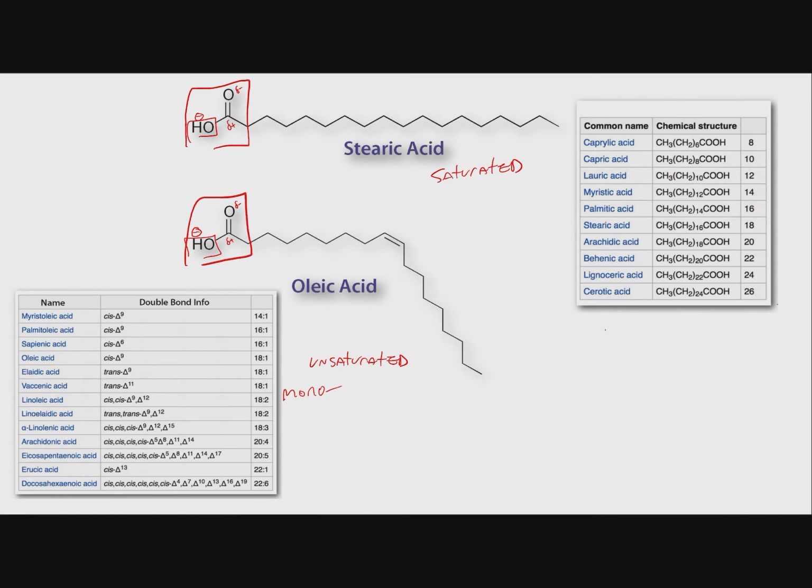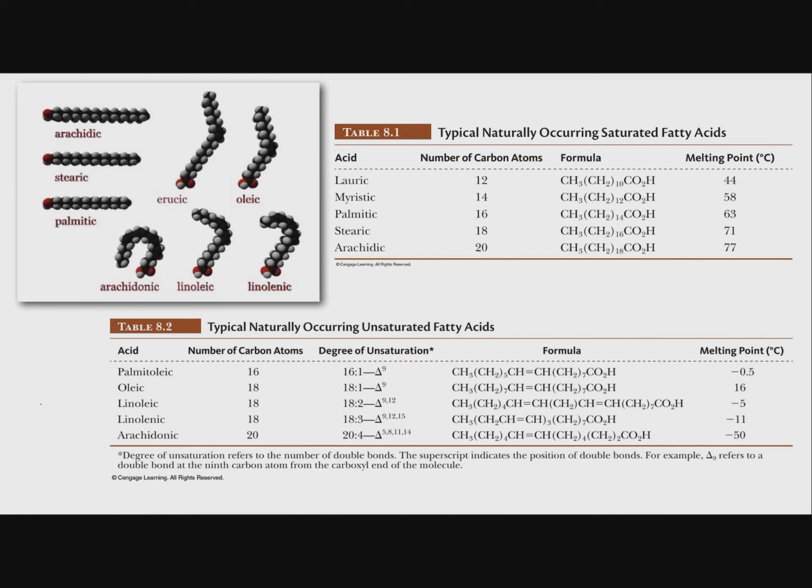Now, stearic acid is a saturated fatty acid. It has a straight hydrocarbon tail, and you can see in this little table off to the side some of the most common saturated, and then over here unsaturated fatty acids. And right here we can see that fatty acids with unsaturated tails, and so what I'm showing you here is unsaturated versus saturated.